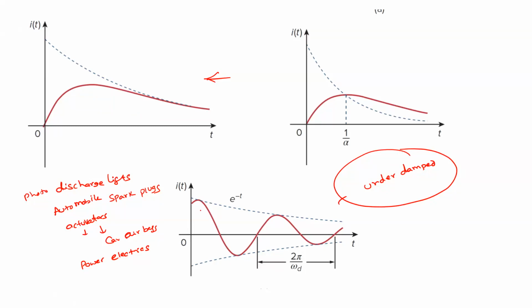If you operate these second order circuits, you will get a large voltage here, even though, for example, your source is 12 volts. You may get a voltage of, for example, 2000 volts. So a large voltage or large current is obtained for a brief period of time.